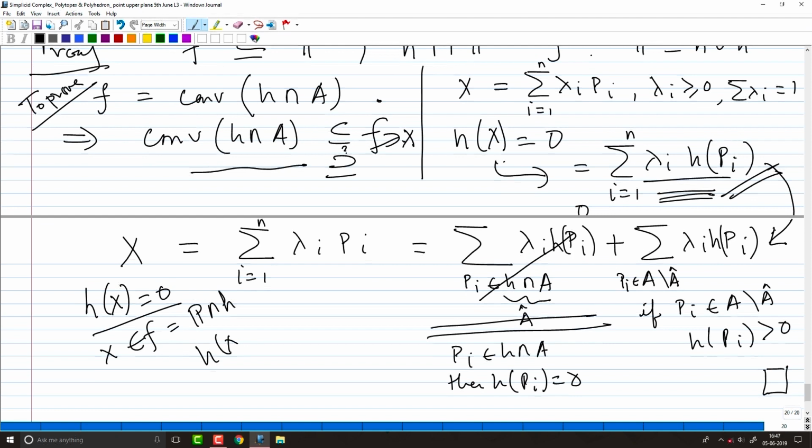All of this is 0 because h of pi is equal to 0. All of this h of pi is greater than 0. If at least one lambda i was greater than 0, then h of x cannot be equal to 0. I would have got a positive value from here. That means all the lambda i's are equal to 0. That means that you can write it as a convex combination of points from H intersection A.